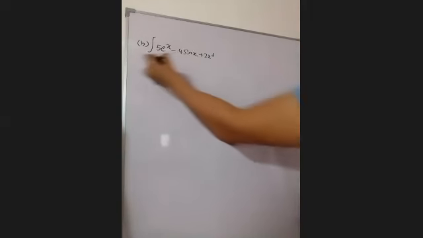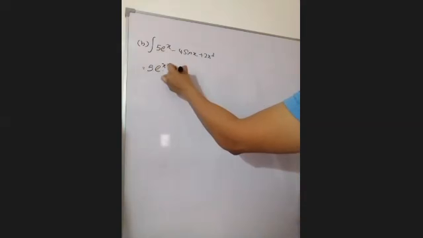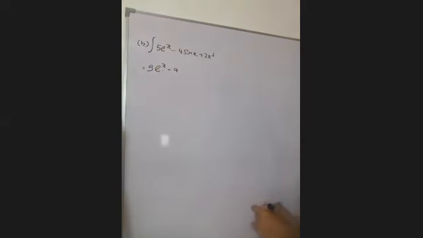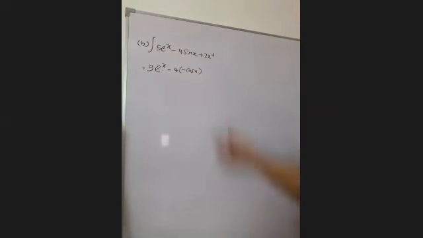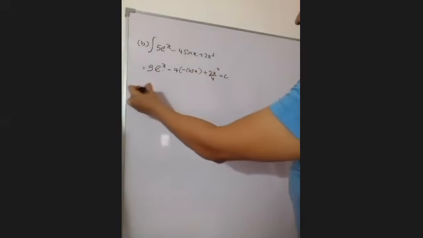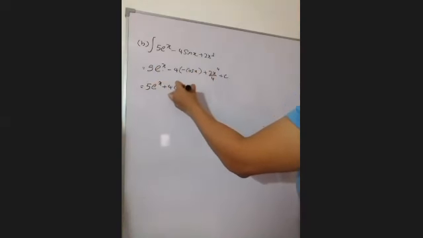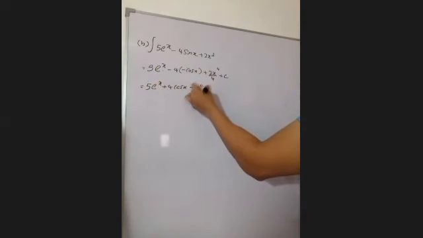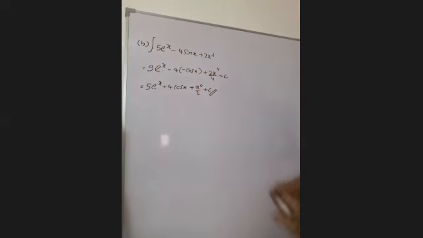If you do this integration, 5 e to the power x integration is 5 e to the power x itself, minus 4 times the integration of sin x, which is minus cos x, plus 2 x to the power 4 over 4 plus c. So this is 5 e to the power x plus 4 cos x plus x to the power 4 over 2, 2 divided by 4 is a half, plus c is the final answer for this. That's the question.